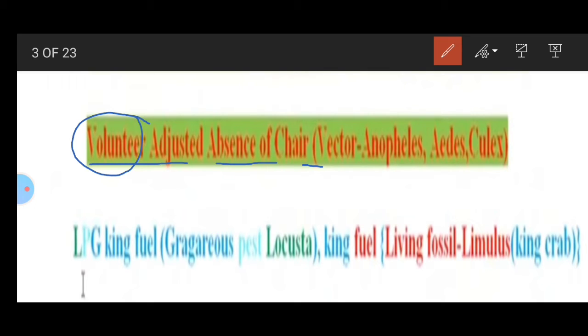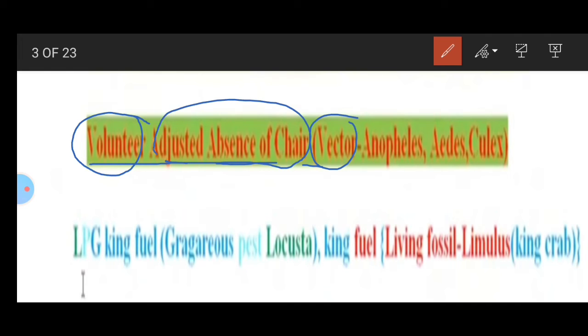Because I told you just now that some arthropods act as vectors and some have great economic importance, examples are given. Those arthropods which act as vectors are given this name. Volunteer stands for the vector.